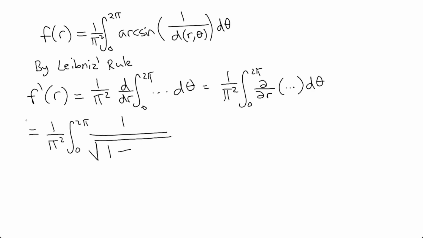But of course, in this problem, x has been replaced by the function 1 over d. So it is 1 over d, which we will square. And then by the chain rule, we're going to multiply by the derivative of whatever replaced x, which was 1 over d. Here's what that derivative should be.